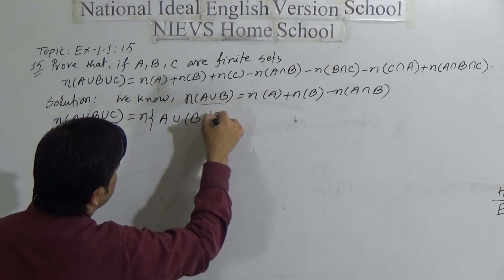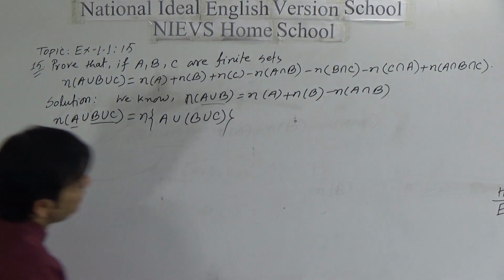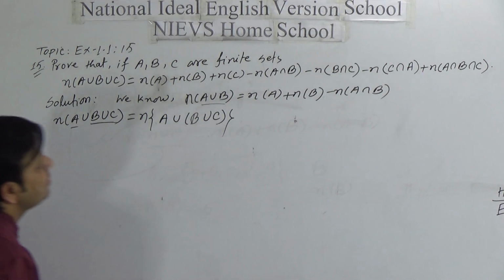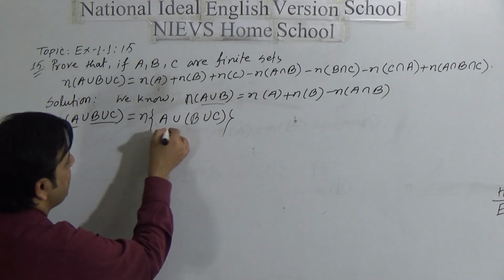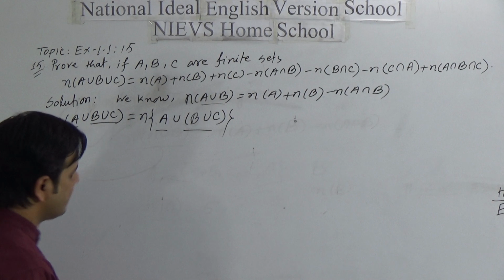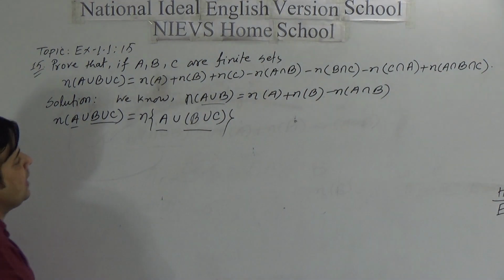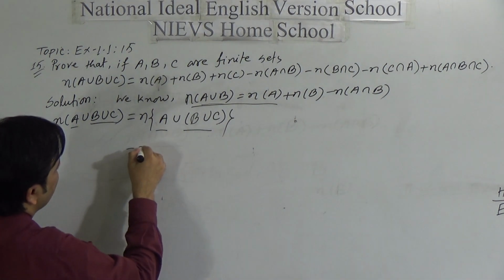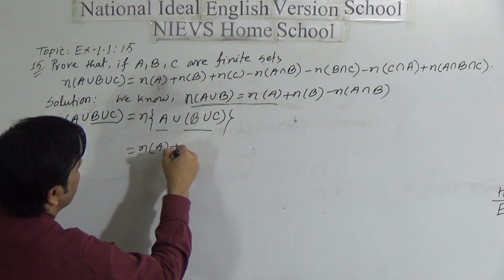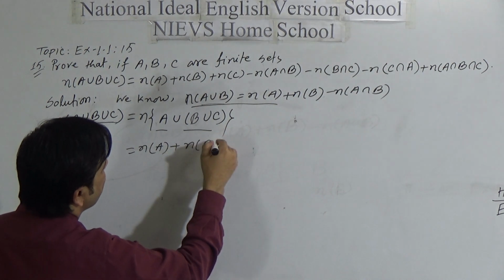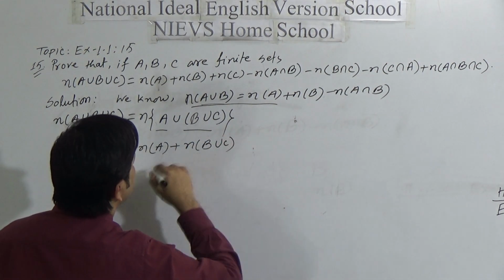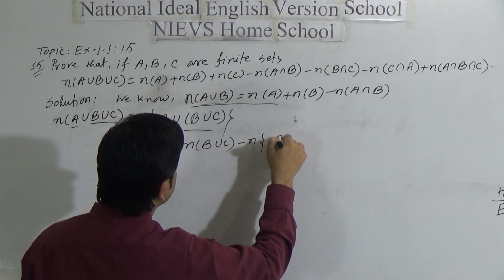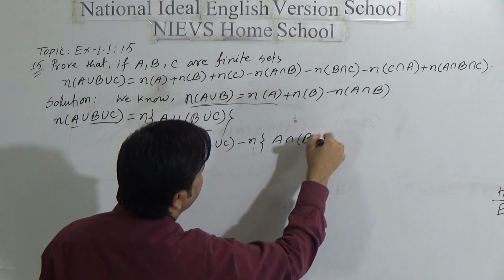Here B union C we are considering as only one set. So, here is a set and this is also another set. Applying this formula we can write n(A) plus n(B union C) minus n(A intersection B union C).